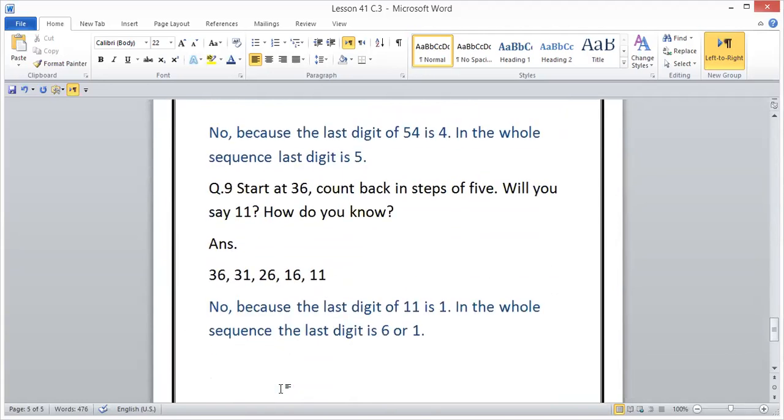So the answer is yes, because the last digit of 11 is 1. In the whole sequence, the last digit is 6 or 1. This is the answer. Clear, guys? Question number 9.